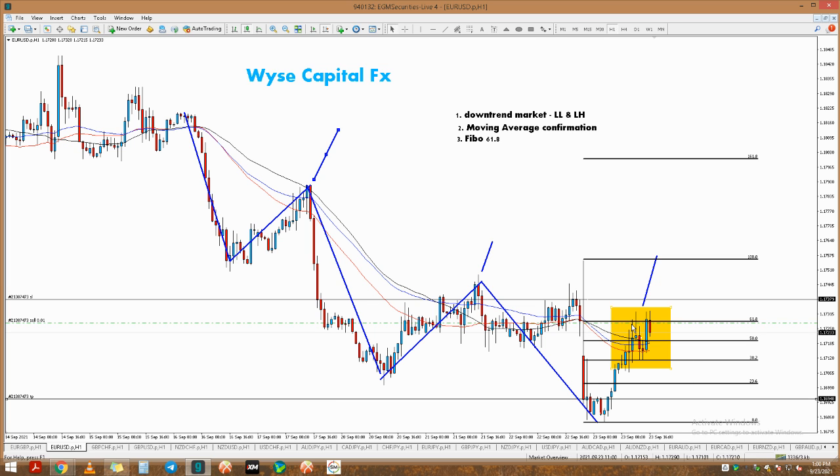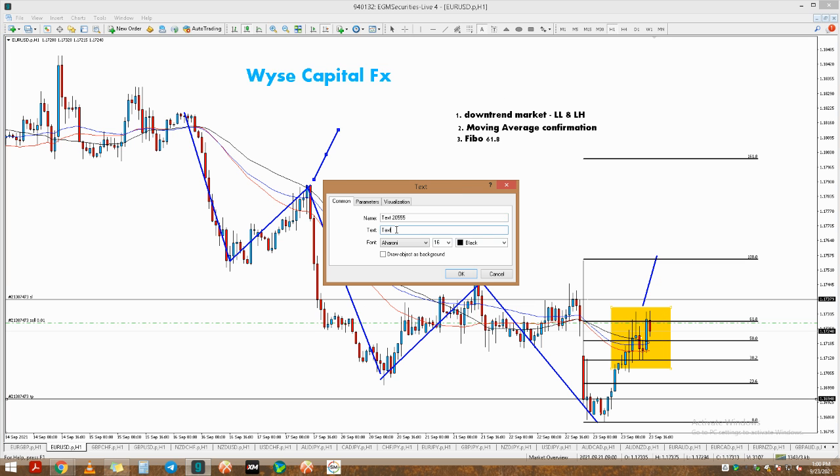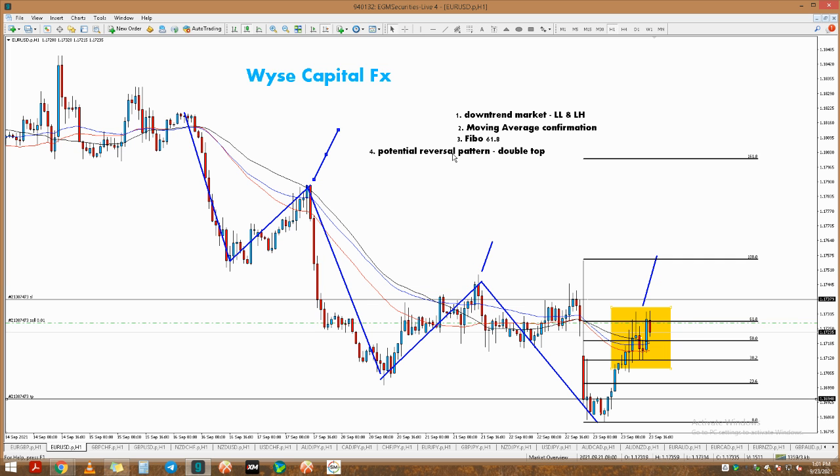If we look at this pattern here, this one is a double top. So we have a reversal pattern. Reason number 4 is a potential reversal pattern, which is a double top.